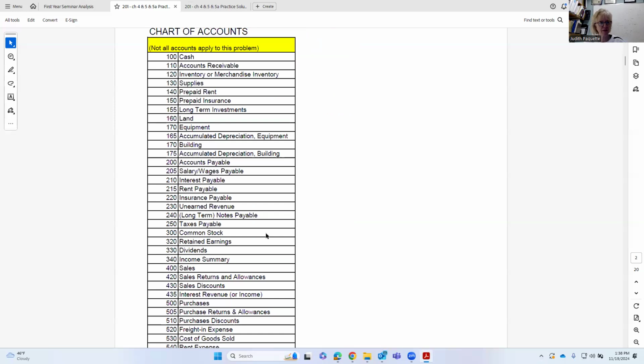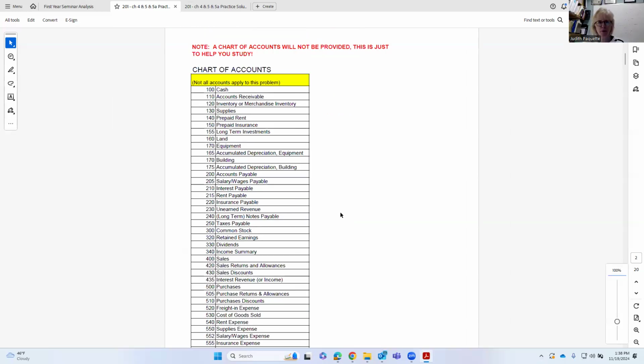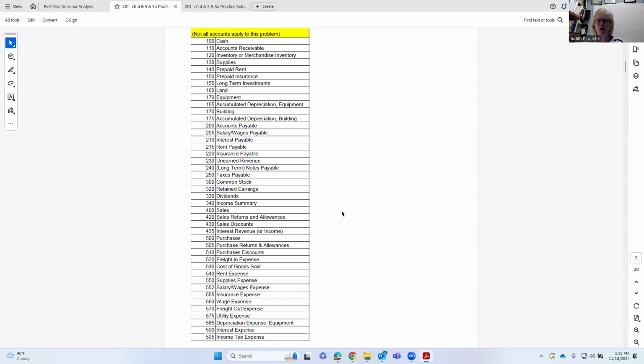So I have a chart of accounts here. It will not be provided, but it's just to give you an idea of all the accounts we've learned so far. Emily was asking me yesterday, what's the last asset account? Can you guys tell me what the last asset account is? This chart of accounts is in order.